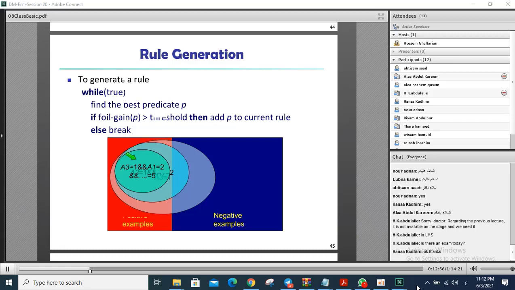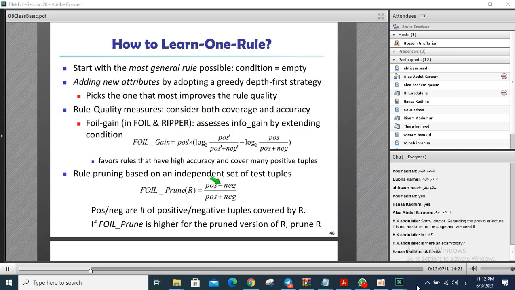If I choose the first rule, I can see that it covers some positive examples and it covers some negative examples.